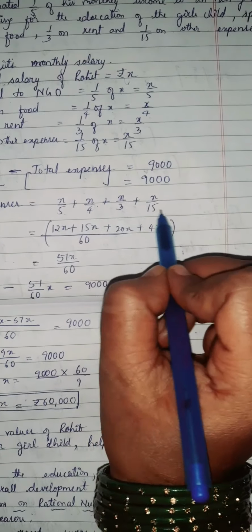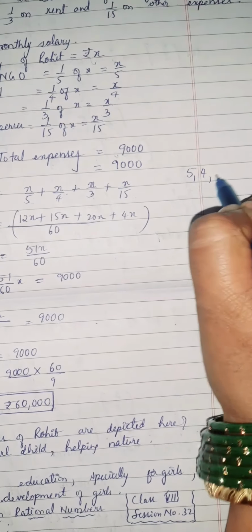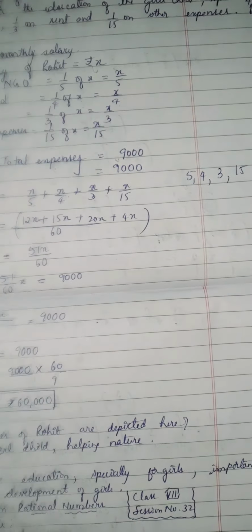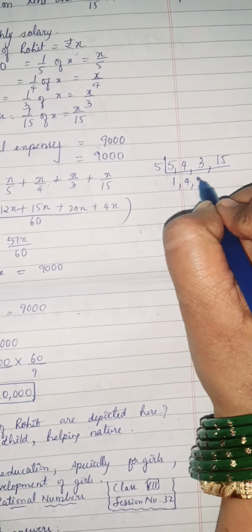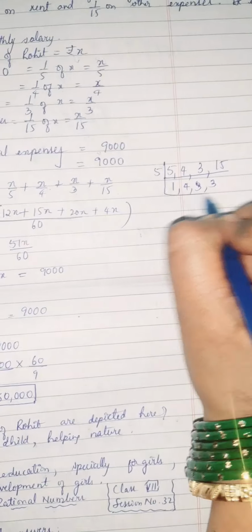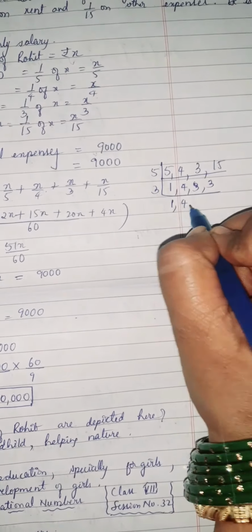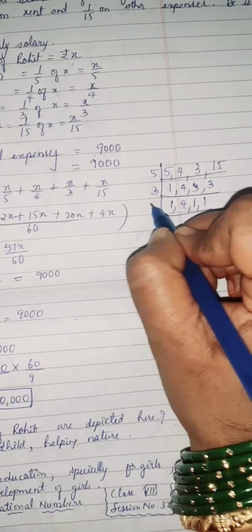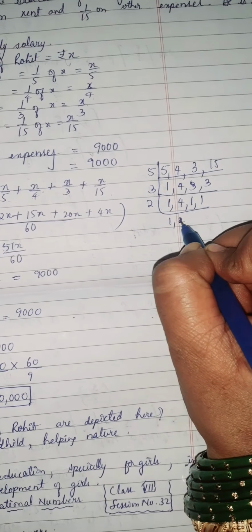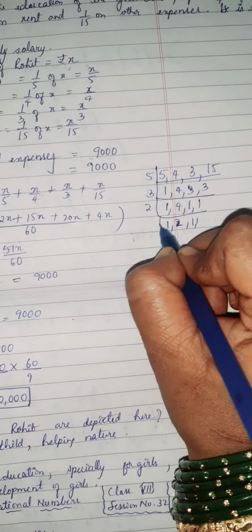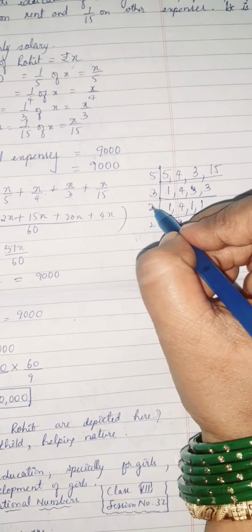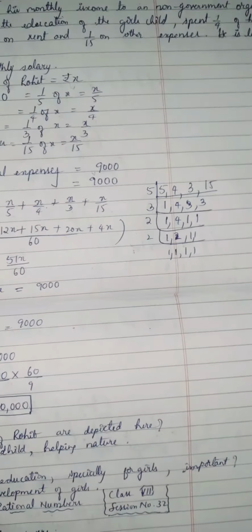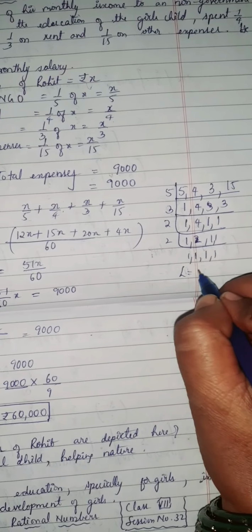Now to make the denominator common, we are going to take out the LCM for 5, 4, 3 and 15. 5 ones are 5, 5 3s are 15, 15 2s are 30, 30 2s are 60. So the LCM we get here is 60.